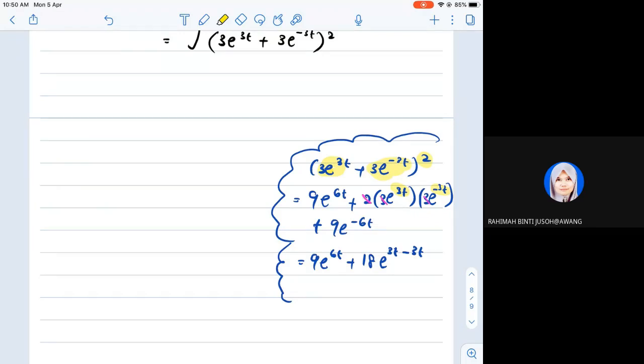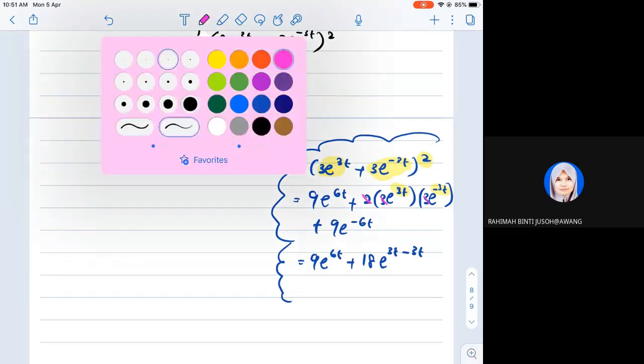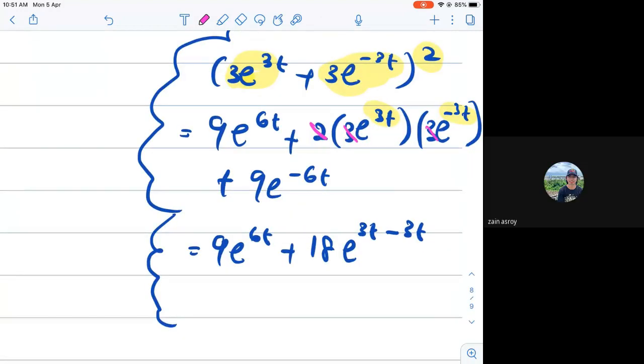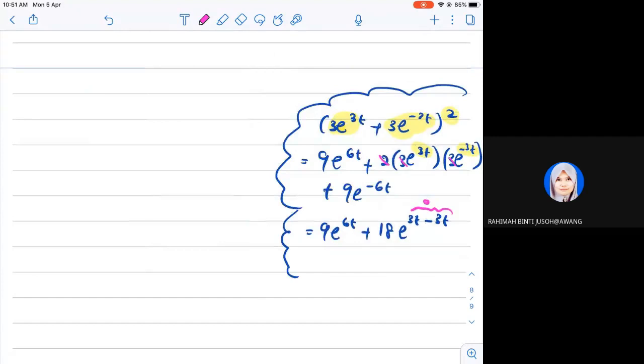Okay, so 3t tolak 3t jadi apa? 0. 0, yes. This is 0. So exponent 0 dapat apa? 1. 1, yes. So jadi last kali tambah 9 eksponen negatif 6t. That's why last kali you akan dapat 9 eksponen 6t plus 18 plus 9 eksponen negatif 6t. Macam tu.